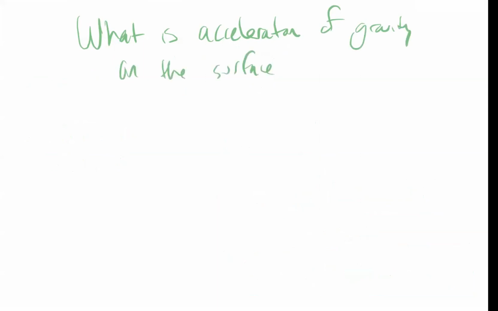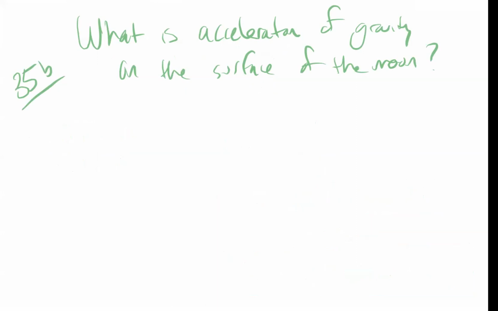What is the acceleration of gravity on the surface of the moon? And this is number 35B in your book. So those of you who don't have a book, what's the acceleration of gravity on the moon?